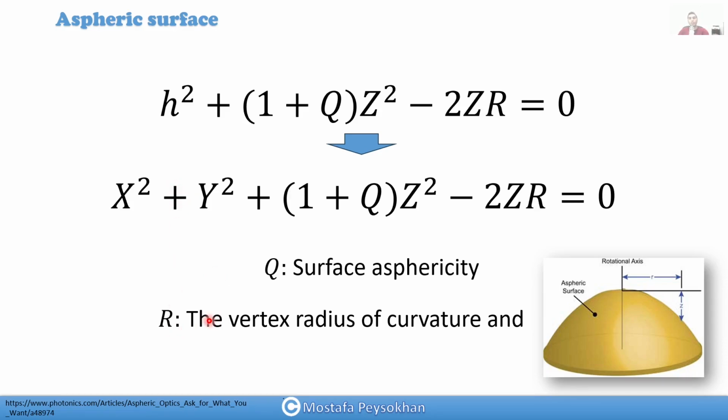In order to actually define an aspheric surface, we only need two parameters. One is Q, which we call the surface asphericity, and R, which is the radius of curvature at the vertex. In this equation, H is the distance from the axis, and Z is the distance from here to there. Then we call it an aspheric surface.